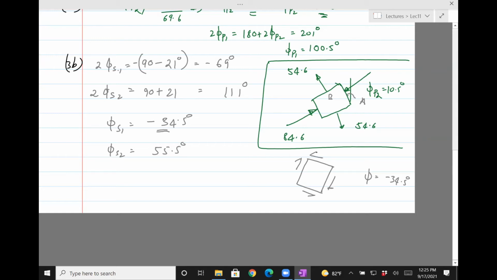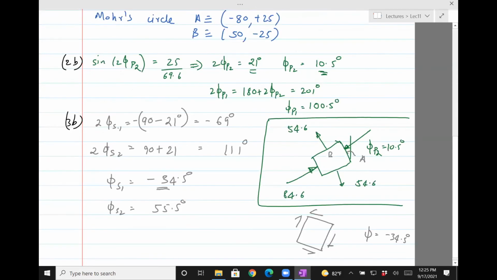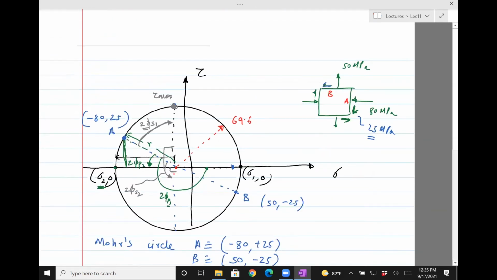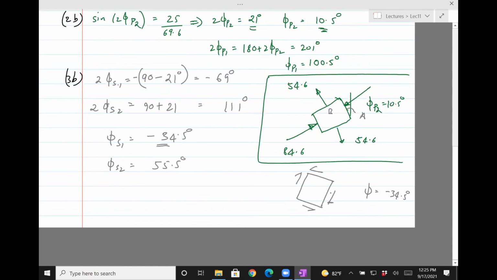And then for the principal stress, we have sigma equals the center of the circle, which is minus 15. So everything there would be compression. So I would have compressive forces on face A, compressive forces on face B, and on the other side. So minus 15, tau max, which is 69.6.